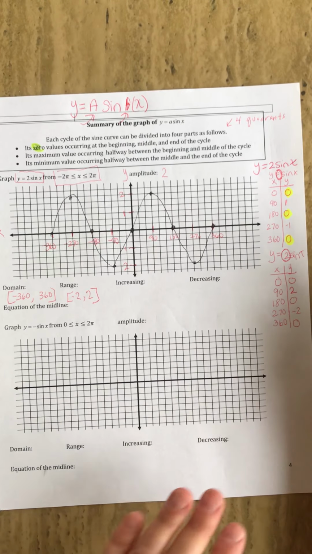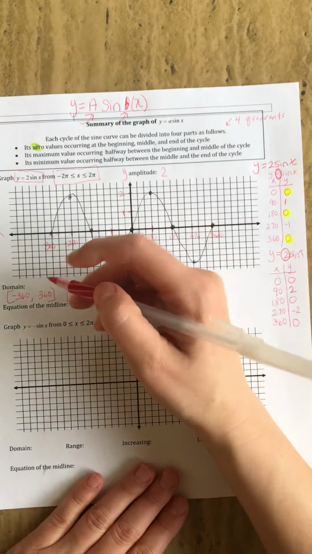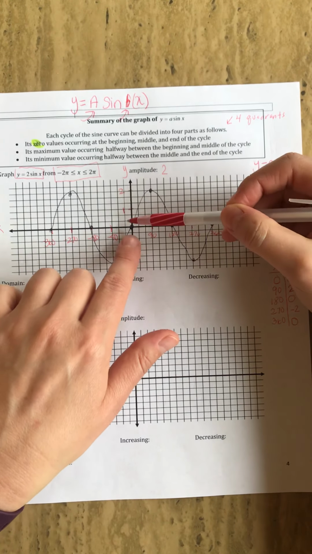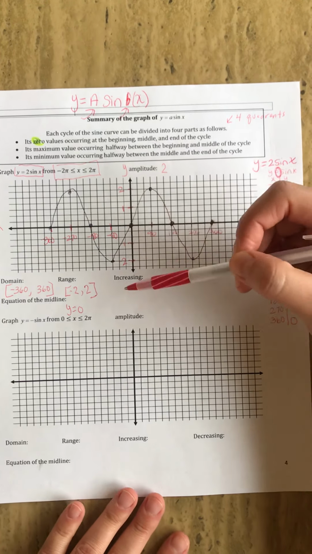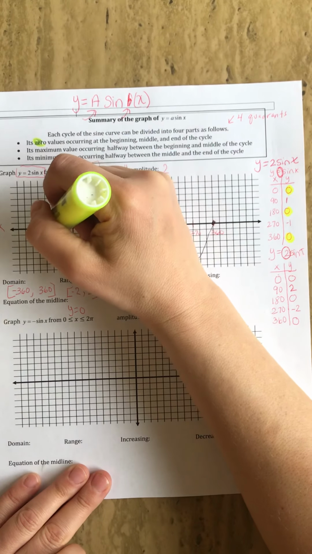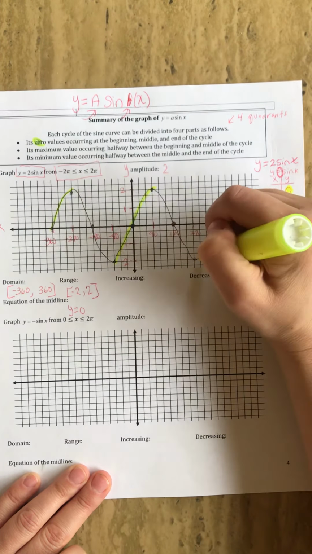We're going to go ahead and see that the midline equation is y is equal to 0. So you guys can see here, this right there is the middle. We have increasing. It's increasing from here to here, from here to here.